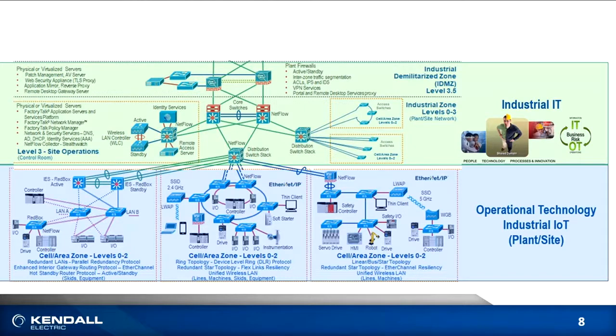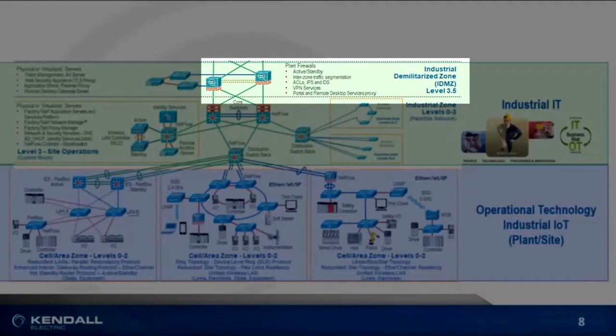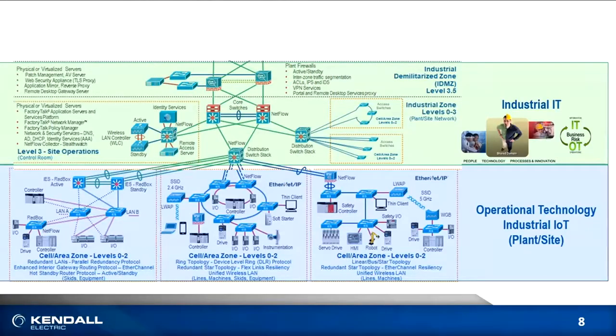One of the things that I want you to notice at the industrial IT level is the IDMZ, which is shown at level 3.5. This is one of the key points when we're talking about a converged plant-wide Ethernet, the integration between the OT and IT. This is called an industrial demilitarized zone.